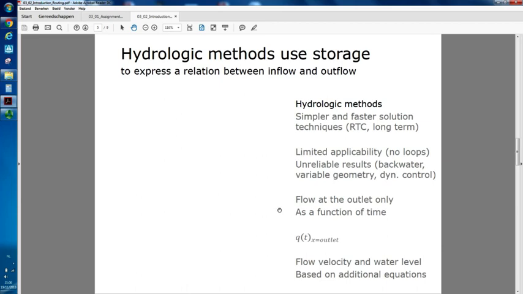And like I mentioned before, from the hydrological methods, we will only receive the flow at the outlet, and this as a function of time. Now, to get flow velocity and water levels, we would require additional equations that would calculate the flow velocity and the water level based on, for example, the flow.